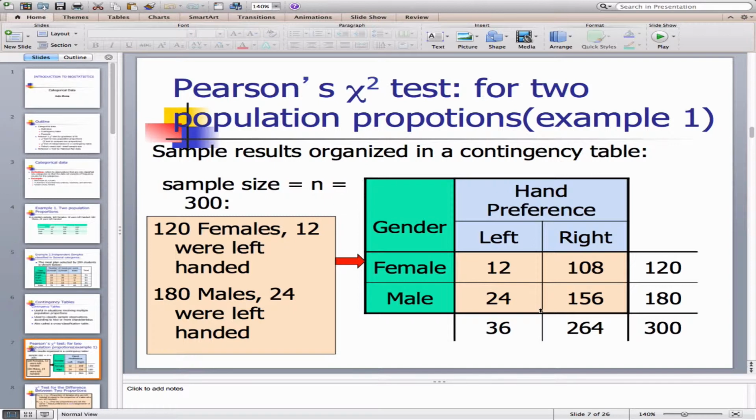I'm sure you have heard about the Chi-Square test quite often. This is one of the very popular, very frequently used statistical tests in research. So here we are going to spend some time to talk about what exactly a chi-square test is.